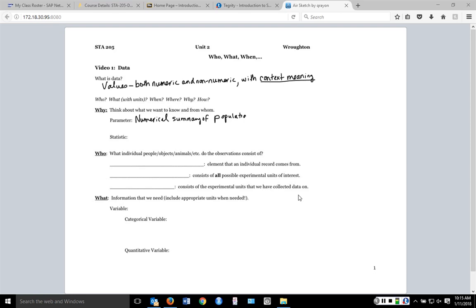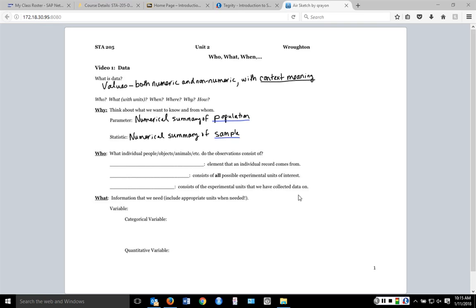Whereas a statistic is a numeric summary of a sample. And so, of course, the difference between these two is where they're coming from. A parameter is from a population, and a statistic is from a sample.